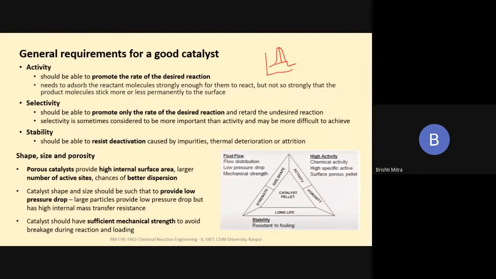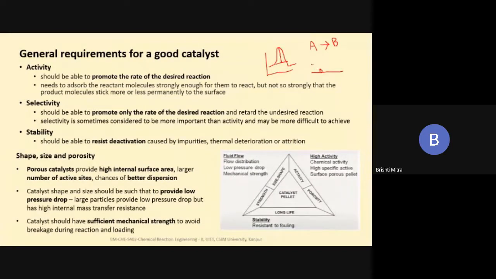It needs to adsorb the reactant molecules strongly enough for them to react, but not so strongly that the product molecules stick more or less permanently to the surface. Suppose we have a reaction, say for example, A going to B, happening on a catalyst site which is out here.